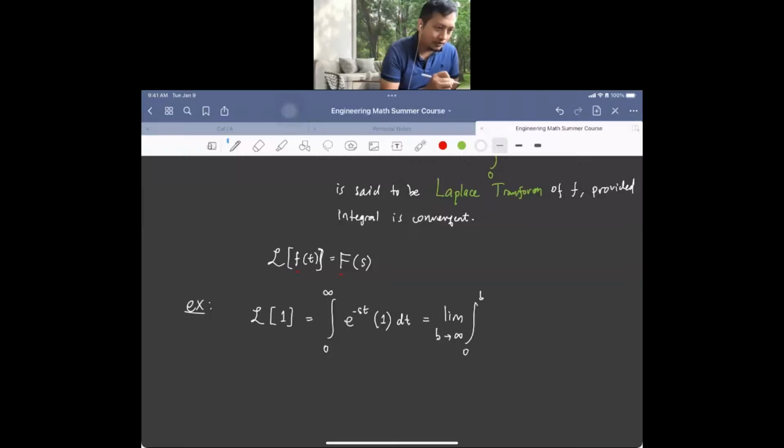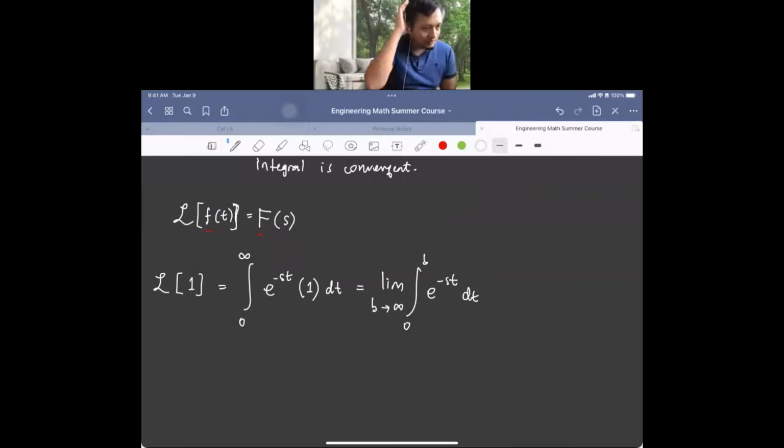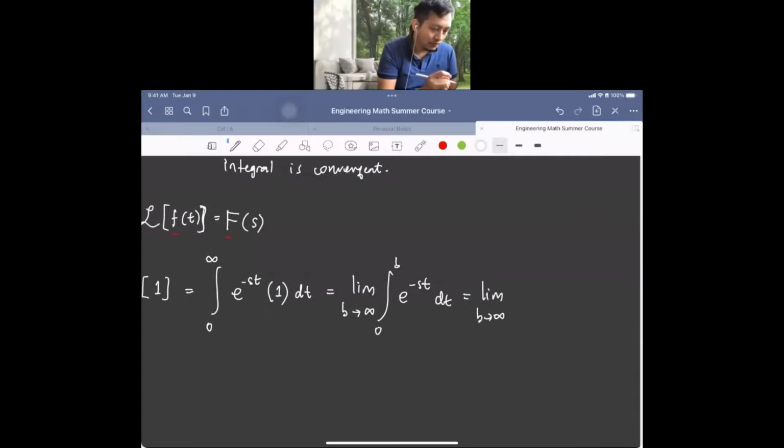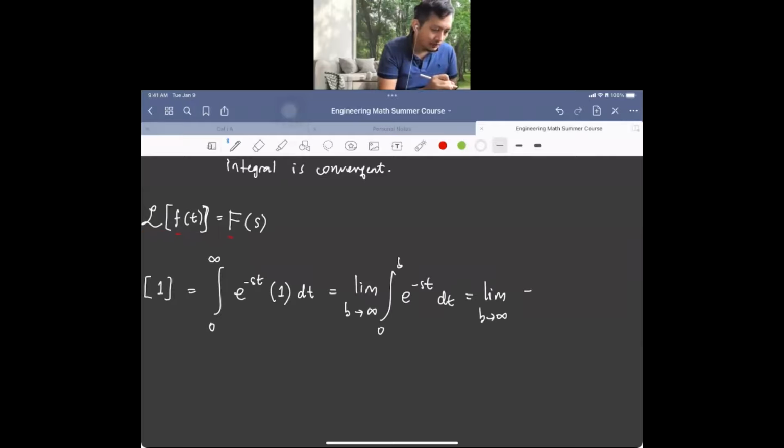Let me just write the integral from 0 to b of e to the negative st dt. Let's take the integration with respect to t. We have s as our constant, so this will turn out to be negative e to the negative st over s, since differentiating st gives just s.